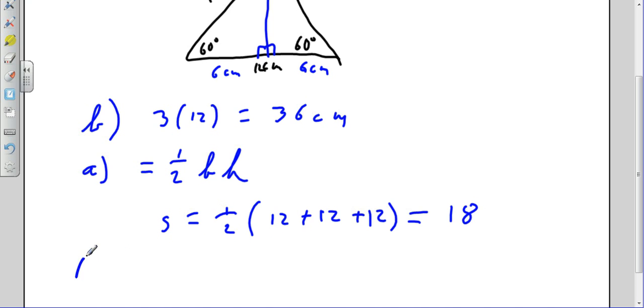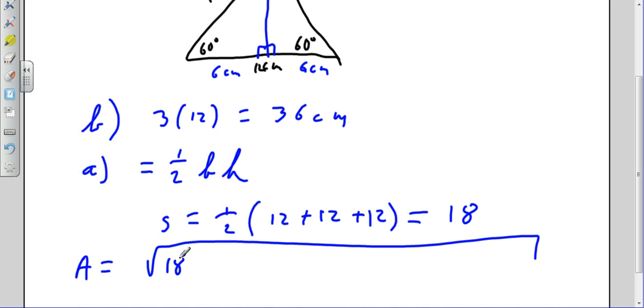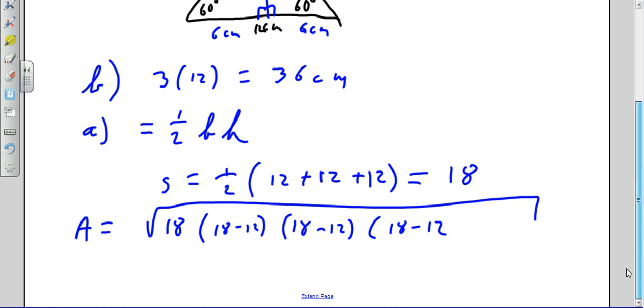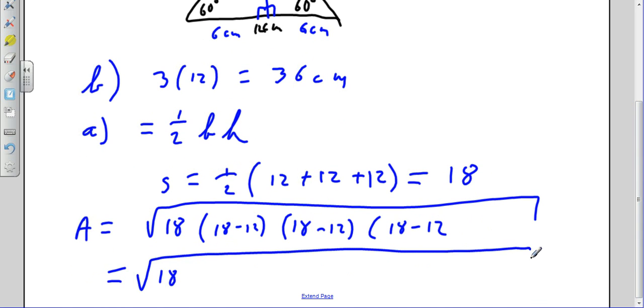And then I'm going to say the area is equal to the square root of 18 times (18 minus 12) times (18 minus 12) times (18 minus 12). All right, so the square root of 18, 18 minus 12 is 6, times 6 cubed.